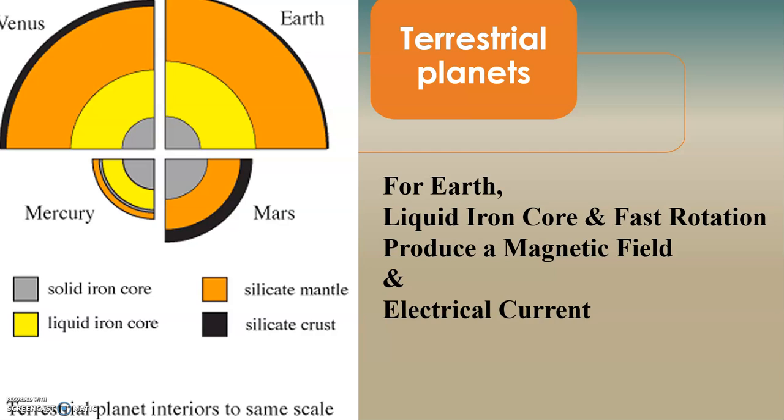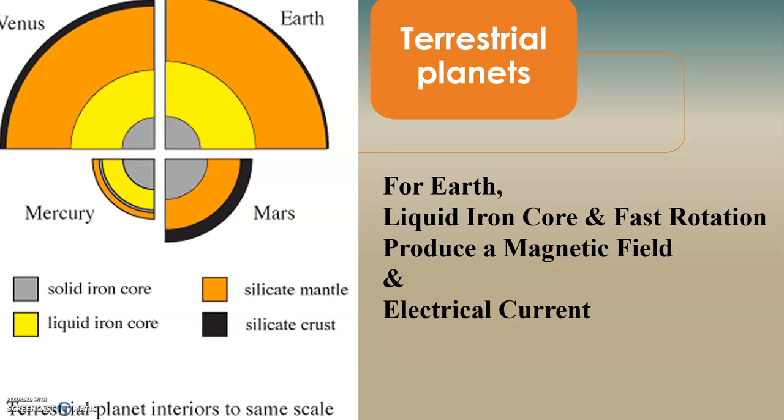And in terms of magnetic activity, for the Earth, the liquid iron core in yellow that surrounds the solid iron core can be combined with a relatively fast rotation at 24 hours to produce a magnetic field and the electric current that always goes with a magnetic field, as you learned with electromagnetic waves.